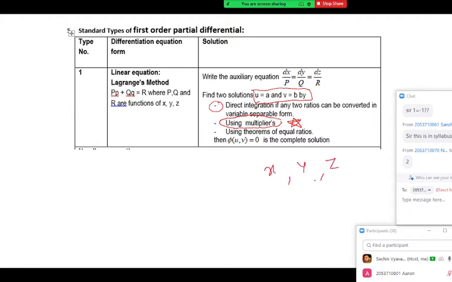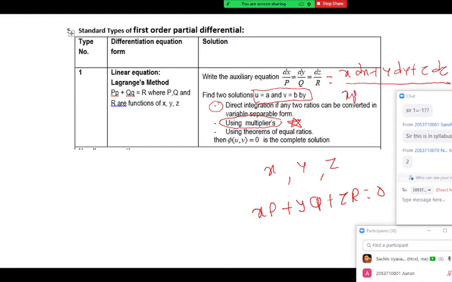If I select x, y, z as multipliers, we have to select them so that the value of xP plus yQ plus zR should be 0, because I am going to write this as x dx plus y dy plus z dz divided by xP plus yQ plus zR.